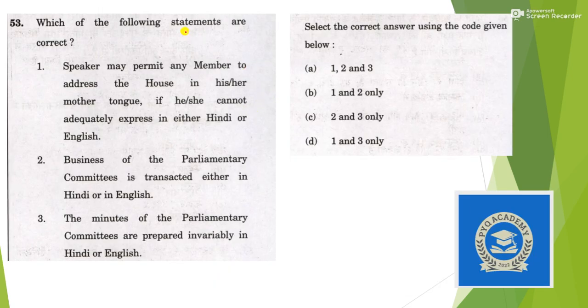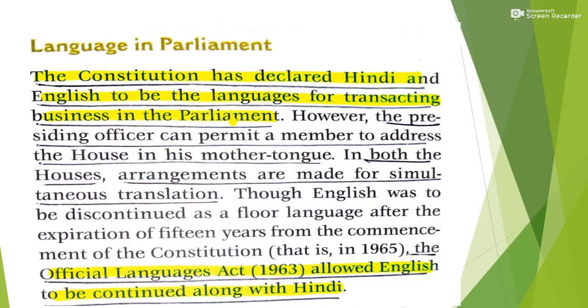Which one of the following statements is correct? The Speaker may permit any member to address the House in his or her mother tongue if he or she cannot adequately express in either Hindi or English. Yes, this is true. The Constitution has declared Hindi and English to be the languages for transaction of business in Parliament, and the presiding officer can permit a member to address the House in his mother tongue.